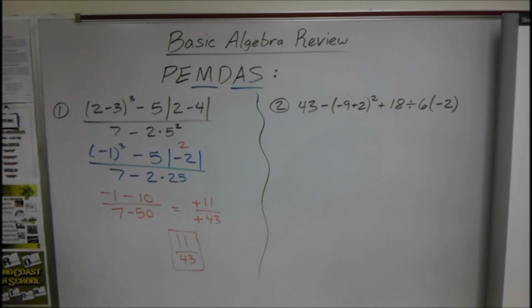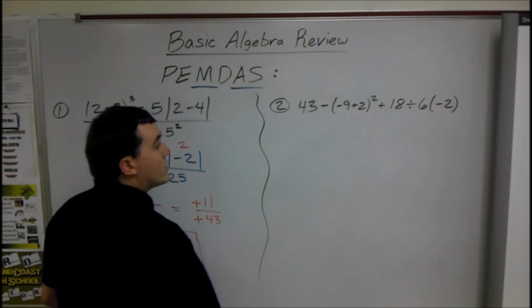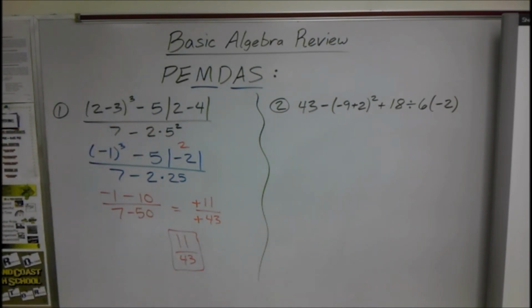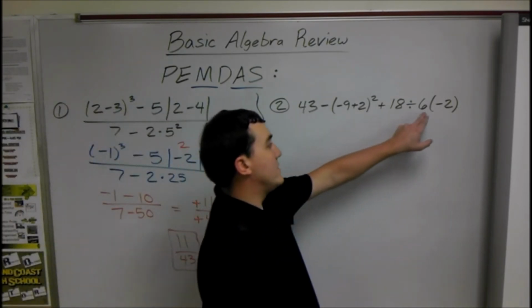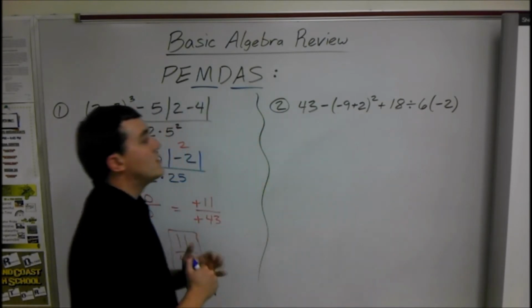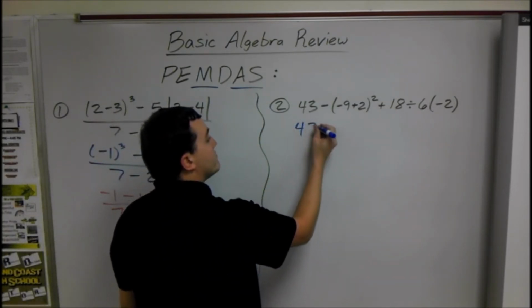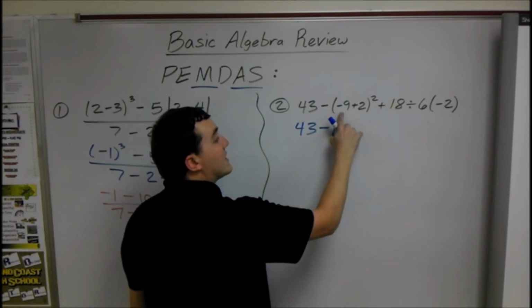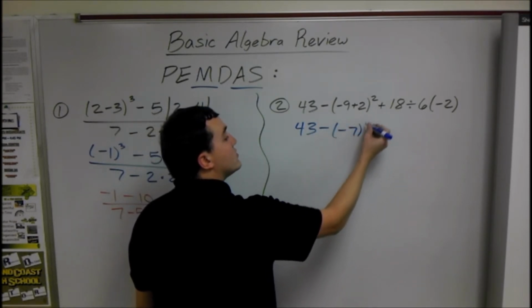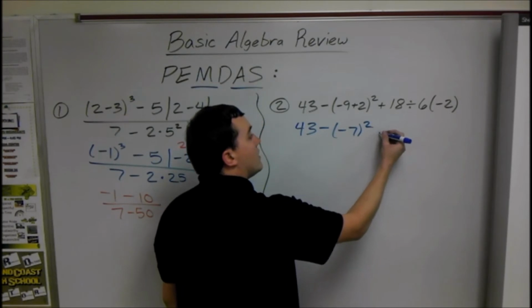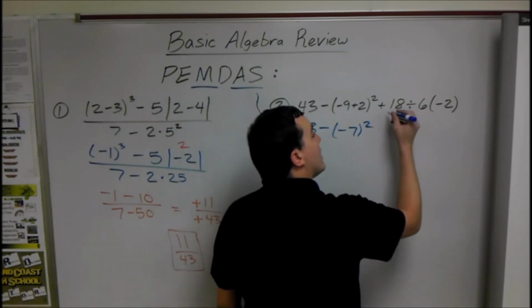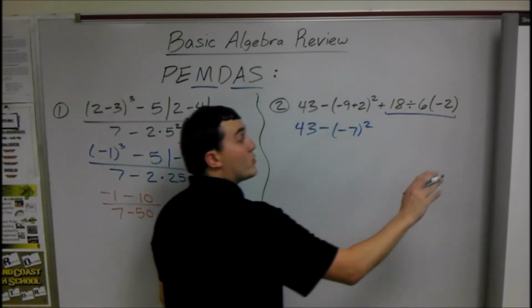Next, we have 43 minus -9 plus 2 squared plus 18 divided by 6 times -2. Parentheses first. So we have 43 minus, this is -9 plus 2 is -7 squared. Whenever you have a line of multiplication and division, just do in order.